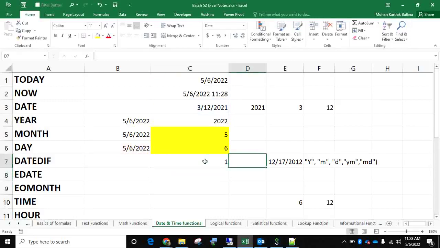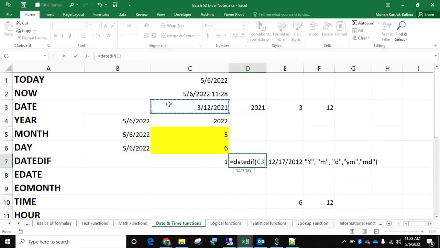ఓకే, ఇప్పుడు వైఎం ఏంటి, ఎండి ఏంటో చూద్దాం. ఓకేనా? డేట్, స్టార్ట్ డేట్, ఎండ్ డేట్.